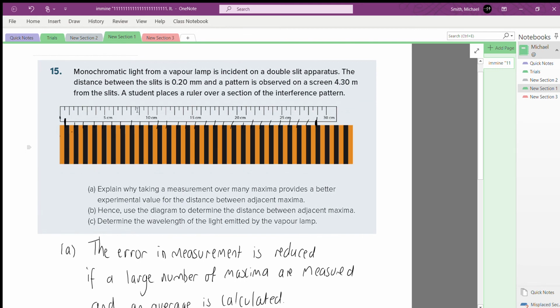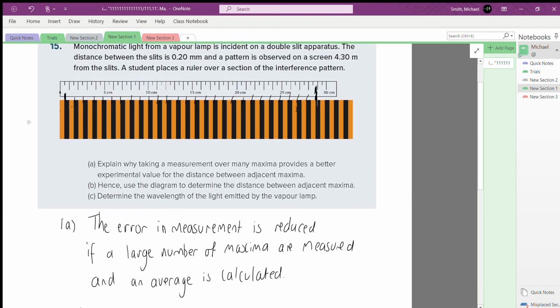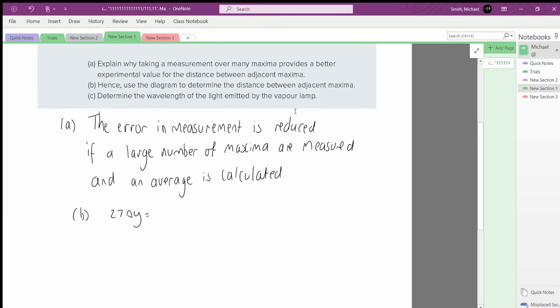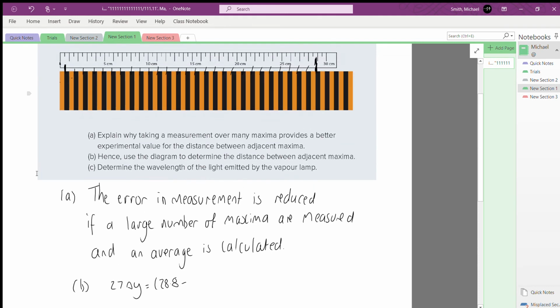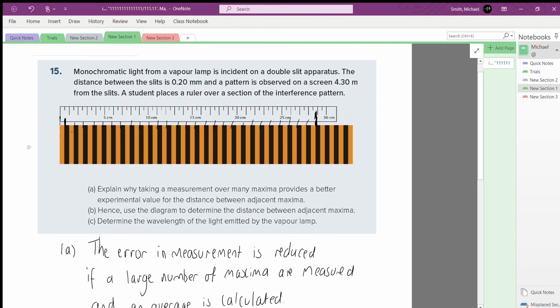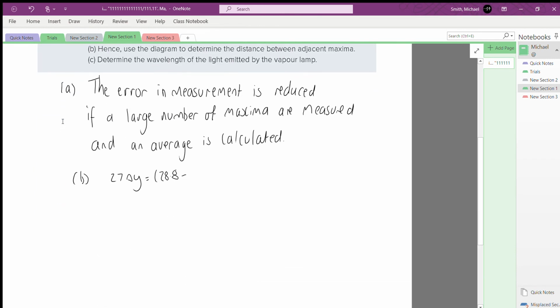So on the right hand side, estimating that, and everyone will get a different value for this depending on how you look at it, but when I look at that, I see about 28.8 centimeters as the upper end. And the lower end here was at about 0.5 centimeters.